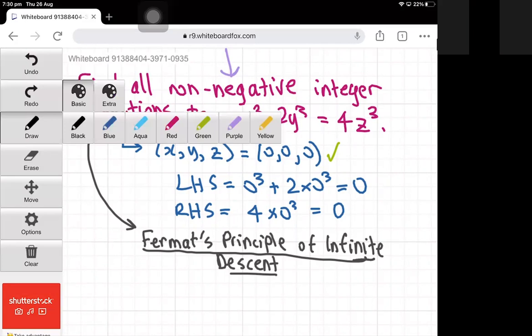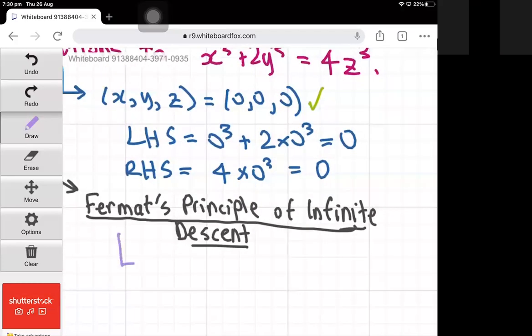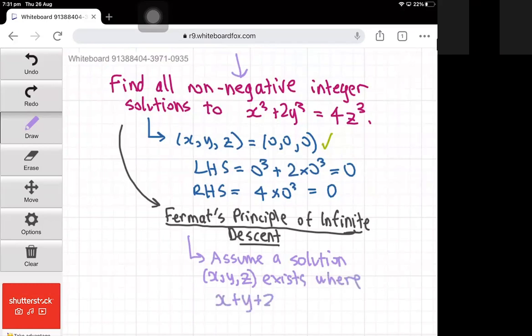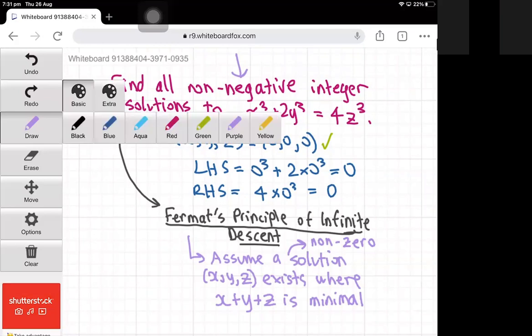To see how Fermat's principle works, we assume a non-zero solution x, y, z exists where x plus y plus z is as small as possible.